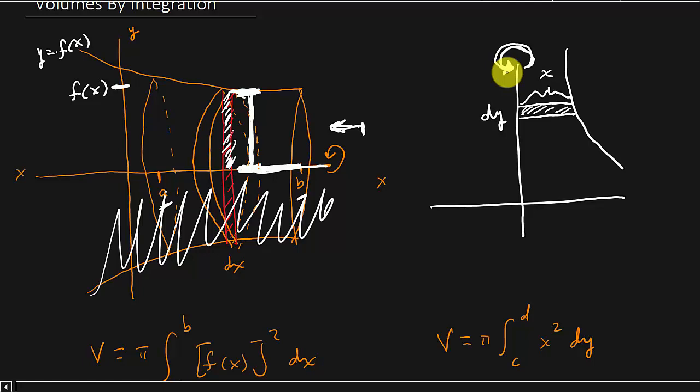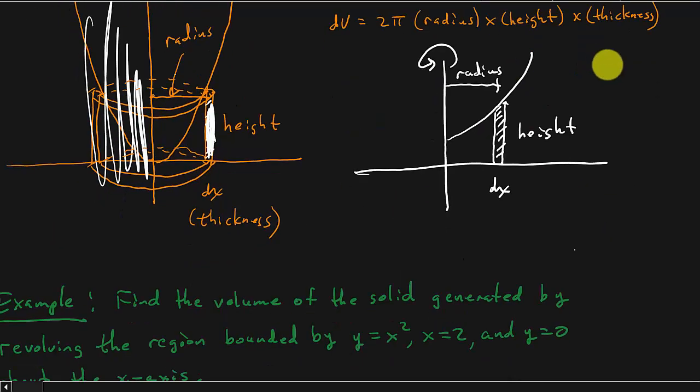So when you're using the disk method and you draw that rectangle in, it's perpendicular to the axis you're revolving it about. You can revolve it about the x-axis, the y-axis, and even about another line. It doesn't have to be the x or y-axis, and I think that's the last example we'll work in this video.